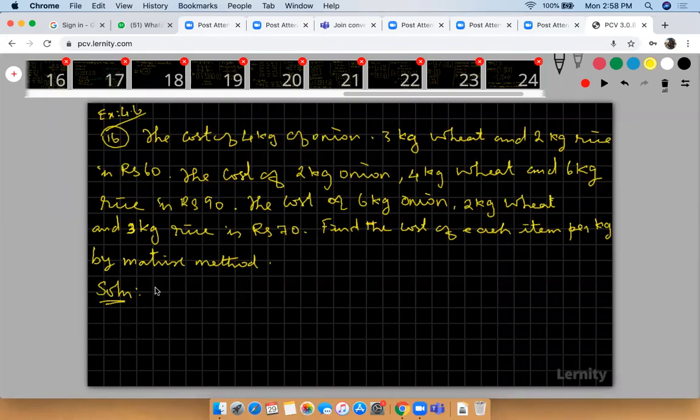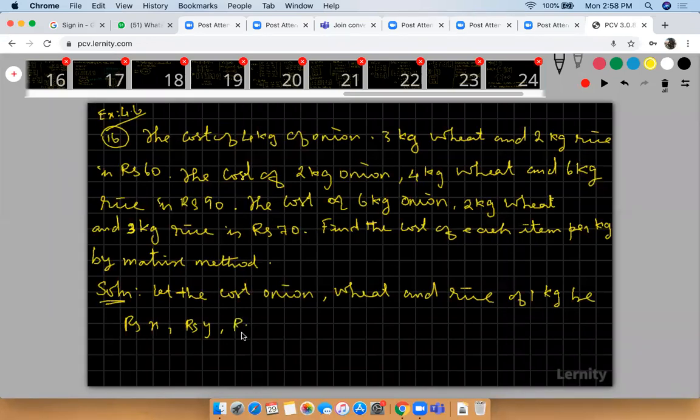So I'm going to take the cost of 1 kilogram of onion, wheat, and rice as rupees X, rupees Y, rupees Z respectively.